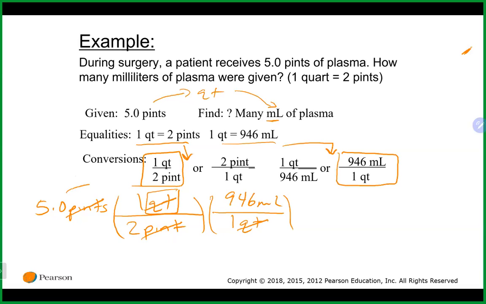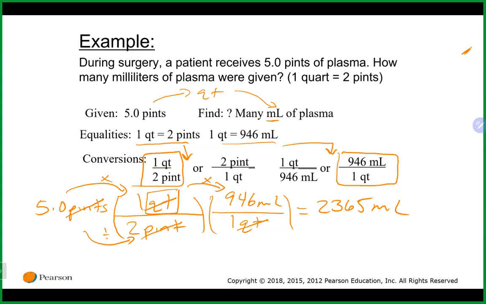We're going to then multiply everybody that's up on top, and come back and divide by what's on the bottom. And if I do that, that is 5 times 946 equals, divided by 2 equals. That will give me 2365 milliliters. First off, any question on the setup there?